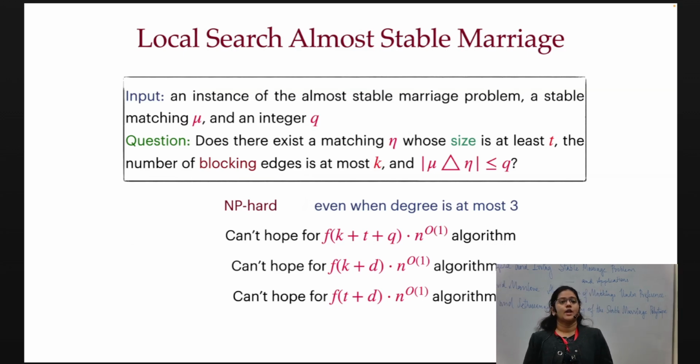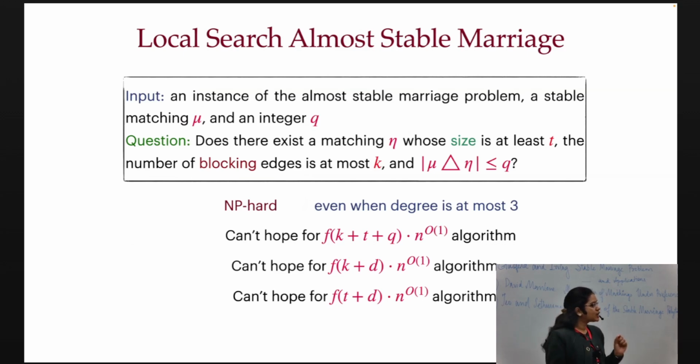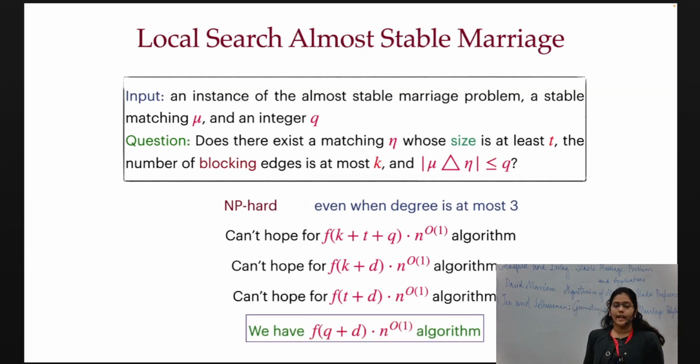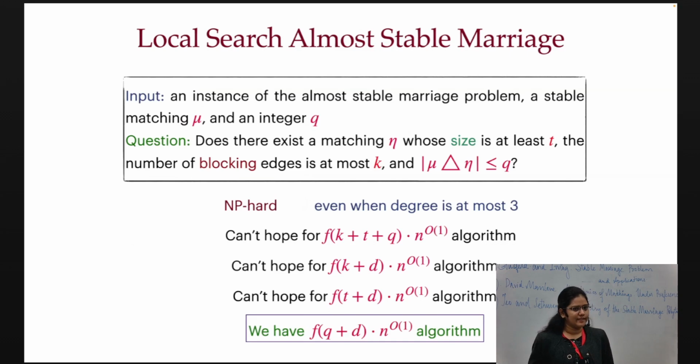So in that particular reduction, when d is constant, q is large, that is no longer a function of k tilde. So that reduction does not tell me that you cannot have q plus d, and actually we can have. This algorithm we will see will have exponential dependency on q and d with just polynomial dependency on this.